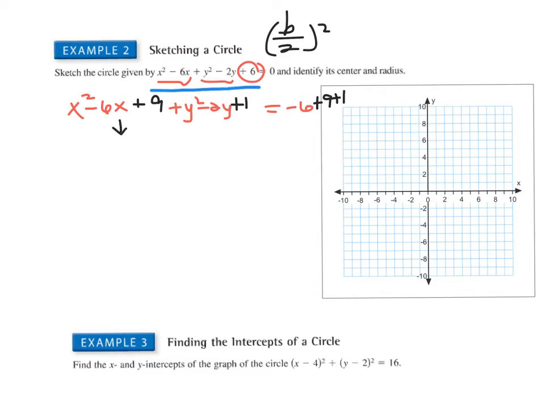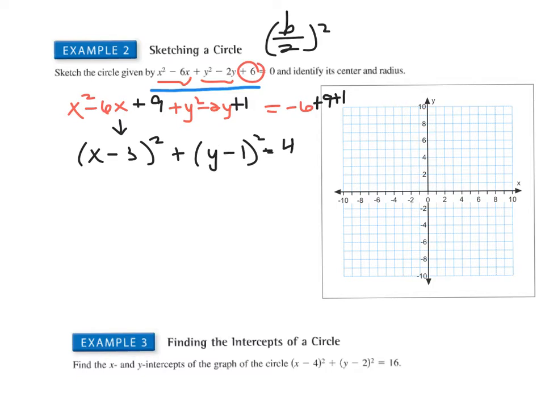Remember these you factor, put a plus sign in between, and then combine like terms. So we have 4 here, right? Because -6 plus 10 is 4. And then if you factor these, it comes out to x minus 3 squared and y minus 1 squared.